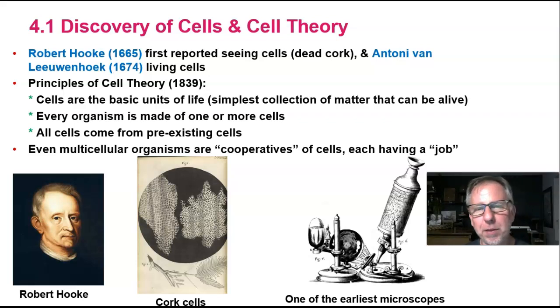And then finally, the third principle of cell theory is that all cells come from pre-existing cells. They don't arise spontaneously out of dust or nothing. That's what scientists used to think, that life could just come together spontaneously from random matter in the environment anytime.